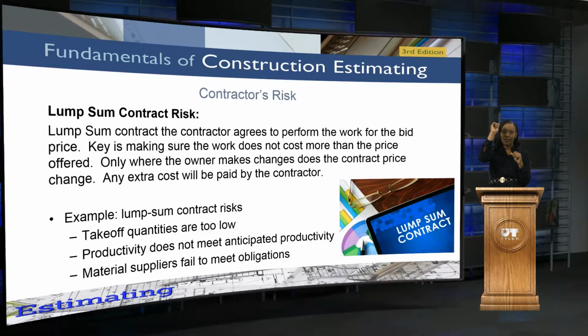At the top of it always is the cost, and then time, quality, safety being in the middle. And if any one of those things are affected, it affects everything else, okay? Material suppliers, they fail to meet obligations. I mean, yes, it looks great on paper, but we have to be very realistic and realize that it's not going to always go the way that it's planned and the way that it's on the paper, okay?